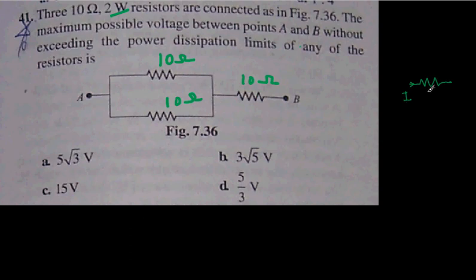Okay, for material 1 type of 10 ohm resistance, this can sustain, let's assume, approximately 0.5 ampere. If you go beyond 0.5 ampere, this will get burned out. Why?